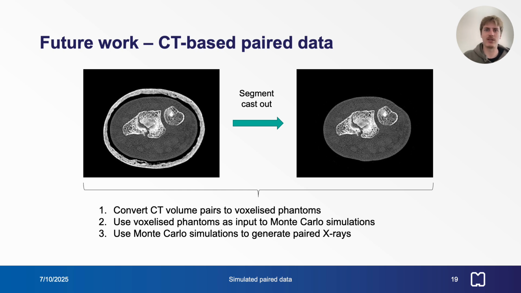And from these simulations, we could generate paired X-ray projections with and without cast, providing a novel dataset for developing and evaluating AI-based cast suppression methods. Alternatively, we could think of using dual energy X-ray systems or anthropomorphic phantoms to test such cast suppression methods.